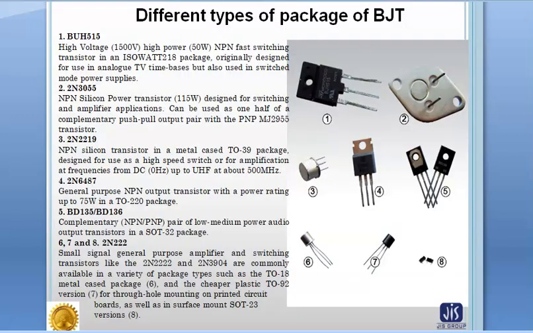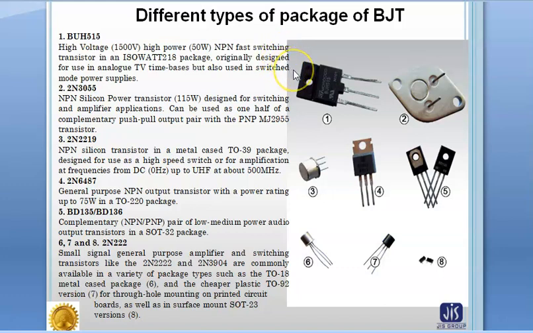Now the different types of packages of BJT. Transistors are available in many shapes and types. These are the different typical transistor packages. The first one is the BUH515, whose power is 50 watt.